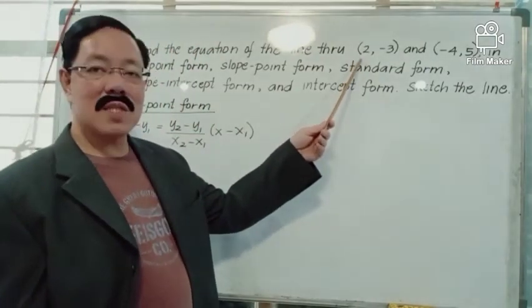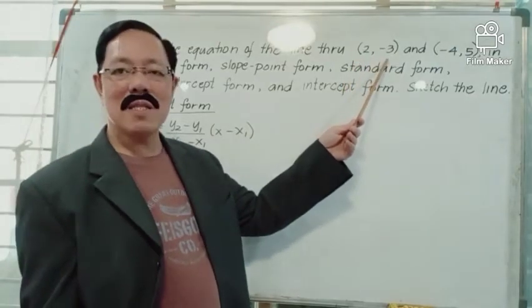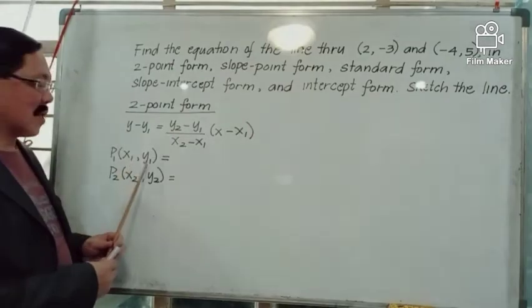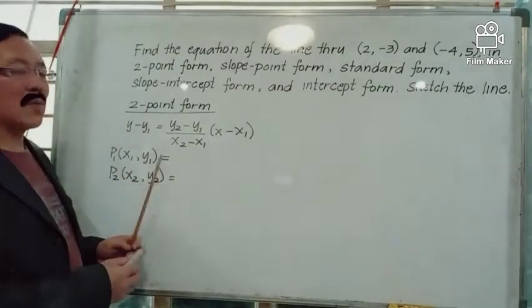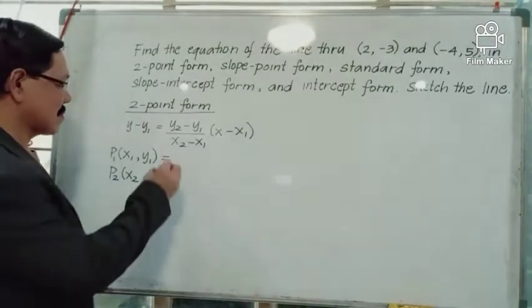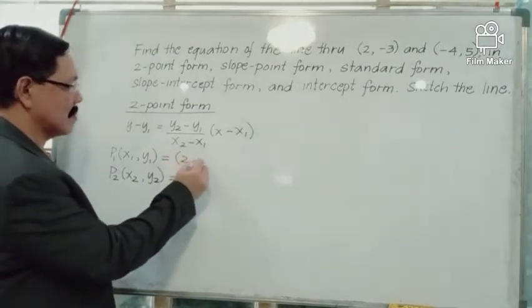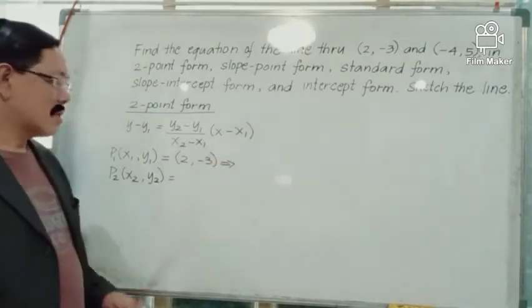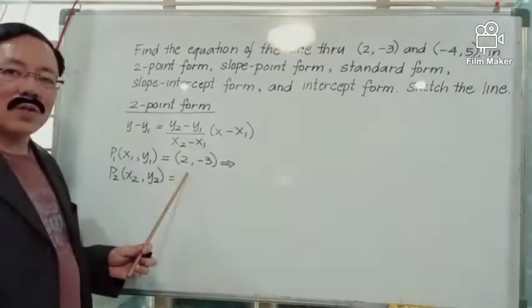I will take the first given point (2, -3) as the point P1 with coordinates x1, y1. This is equal to the first point (2, -3). This implies that the abscissa x1 is equal to 2.